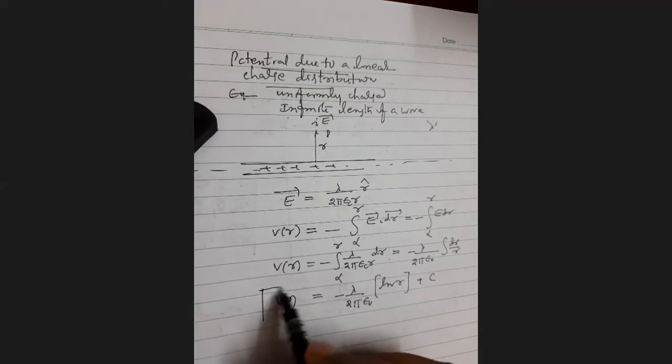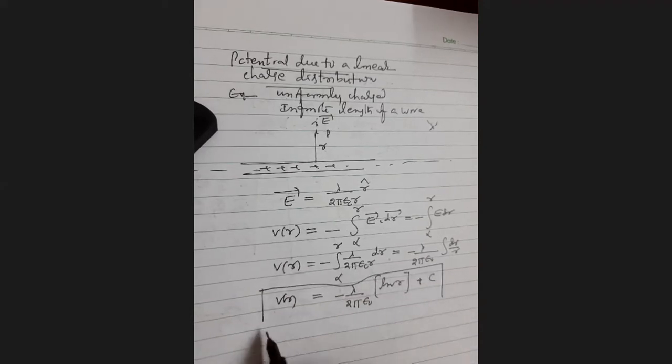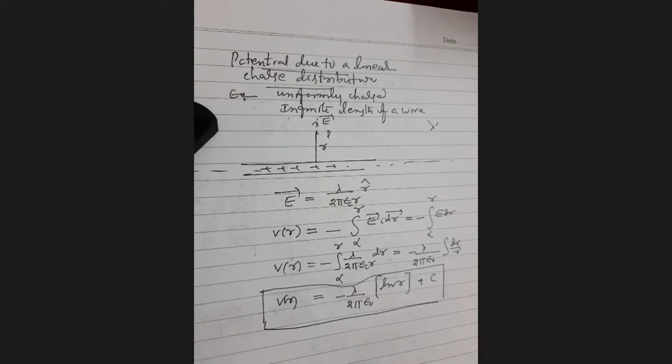This equation represents the potential due to a linear charge distribution in the case of a uniformly charged infinite length of a wire.